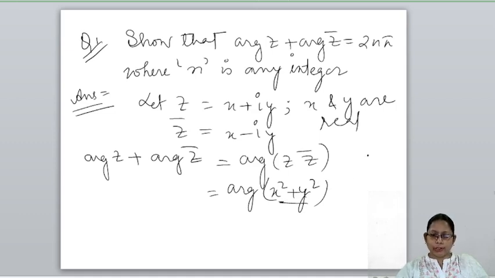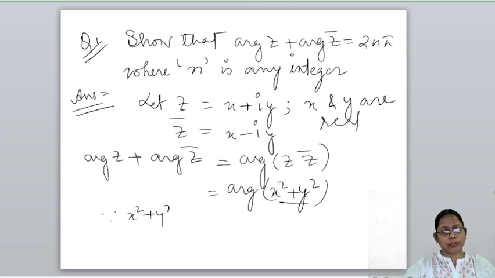Whenever it lies on the x-axis, arg is 0, since x square plus y square is real.